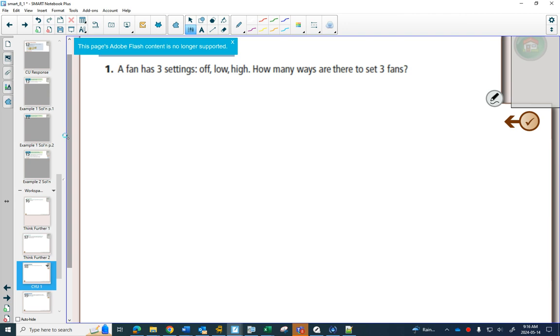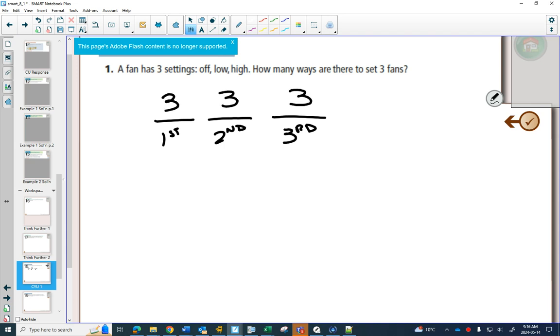First of all, he would have three decisions to make. What is he going to do with his first fan? What is he going to do with his second fan? And what is he going to do with his third fan? And then for each fan, how many choices are there? He could either have it off, on low, or on high, so there would be three choices here, three choices here, three choices here.